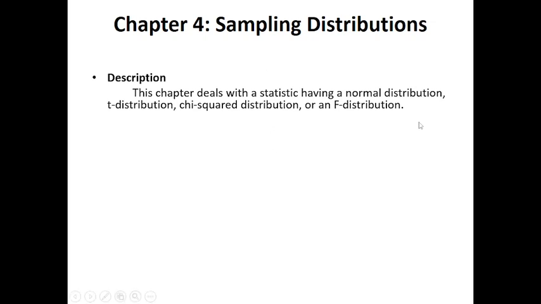I have already introduced normal distribution in the previous chapter. I will now introduce other distributions, such as the t-distribution, chi-square distribution, and the F distribution. These are all probability distributions.